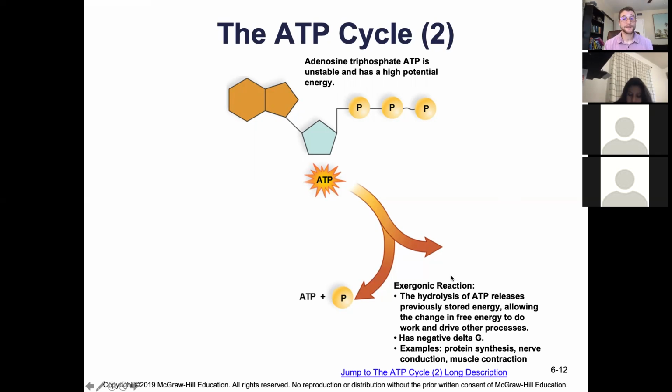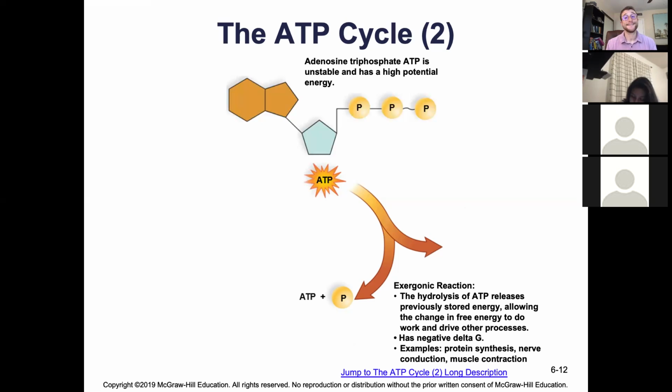So the hydrolysis, because that's what's happening here. Remember, hydrolysis and dehydration reactions. Hydrolysis, we are adding water and we are splitting something. So we add water to the end of this bond here, and we split this phosphate off of it. This releases the stored potential energy and allows the change in free energy to do work and drive these metabolic processes.